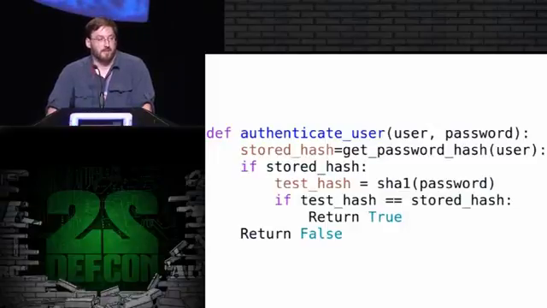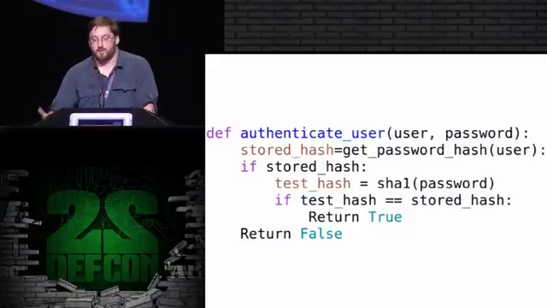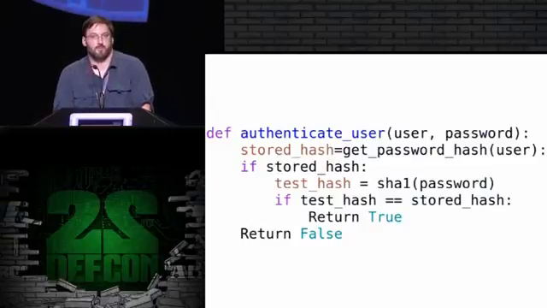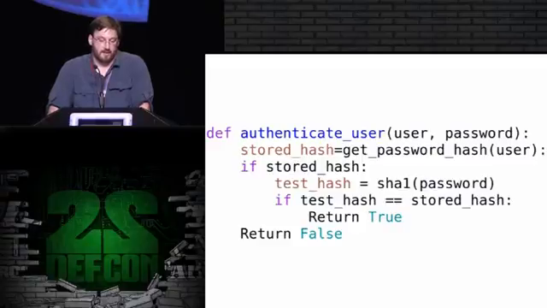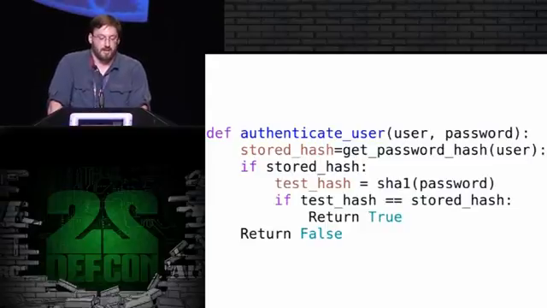This is a pretty typical example of a user authentication flow. You start by getting a username and password from your attacker. You look up the hash in the database. You compare the hash you got to the hash you have in the database, and then you return.